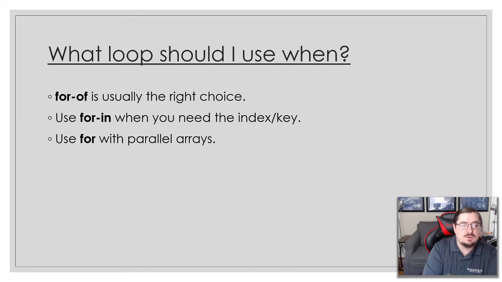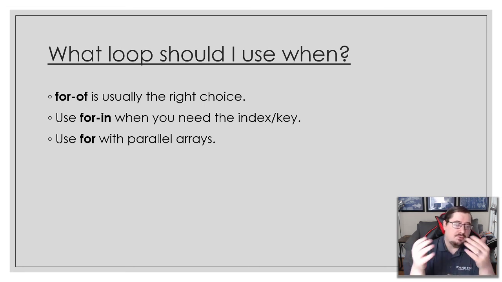So there are all those three different ways to write loops. In general, I would say that for of is the one you want to use for most of your loops. It's generally going to be the right choice. If you do need the index or the key, then I would use for in instead.